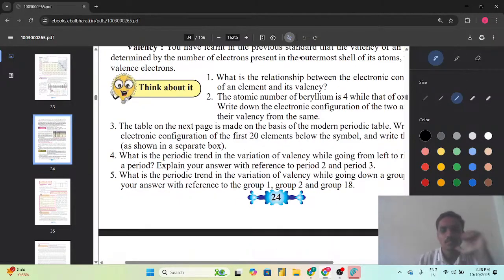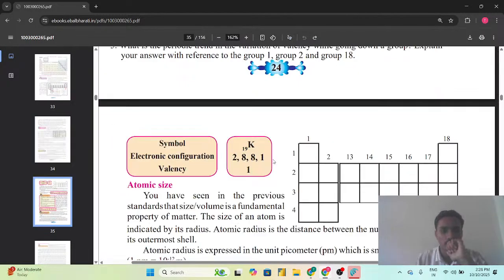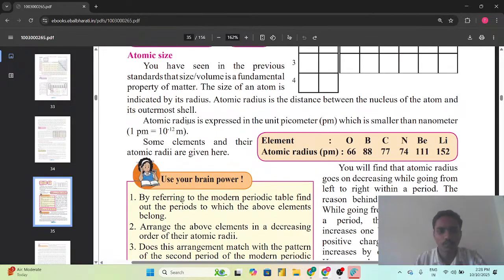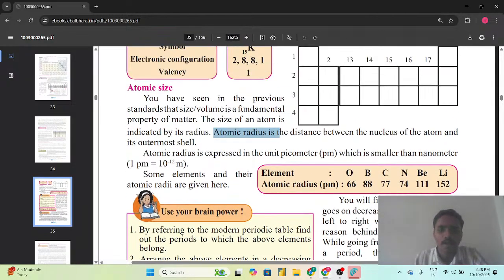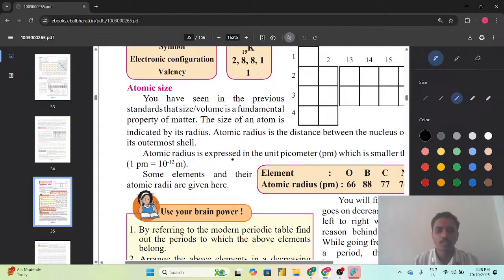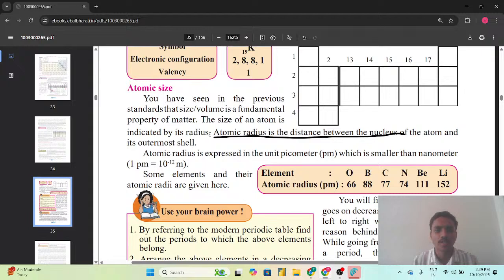Now let's look at the latter part which is given. Atomic radius is the distance between the nucleus of the atom and its outermost shell. This is the important point to keep in mind from the perspective of the exam. That is the outermost shell, which means it is the valence shell.